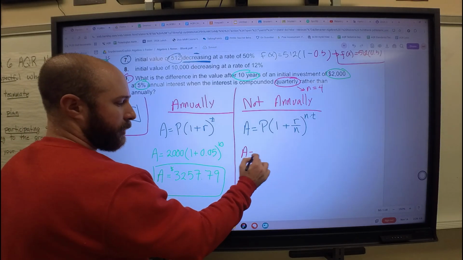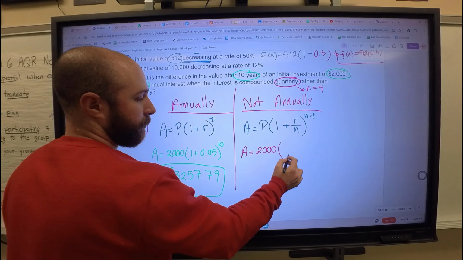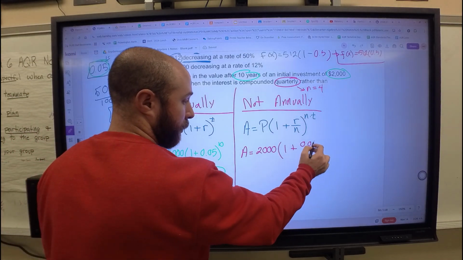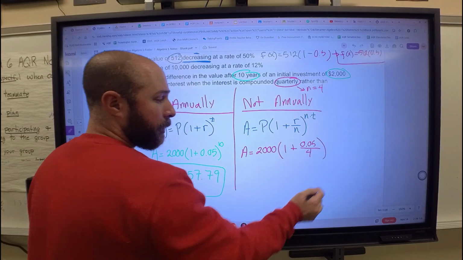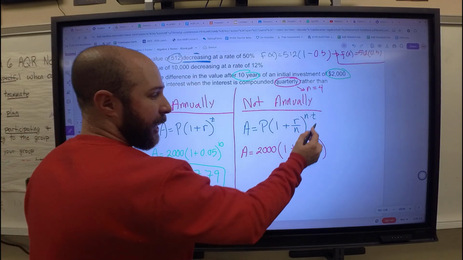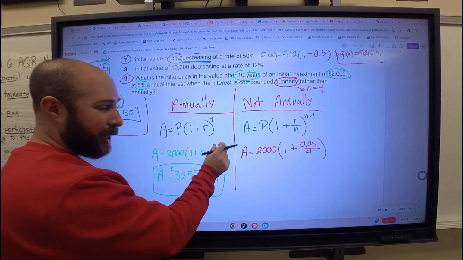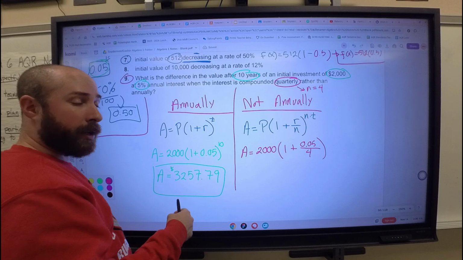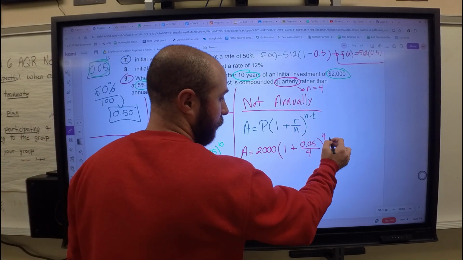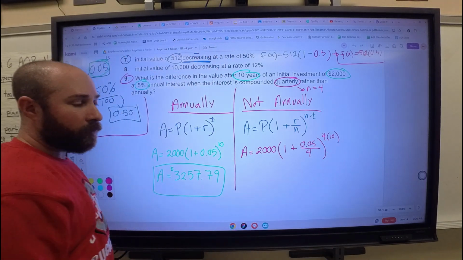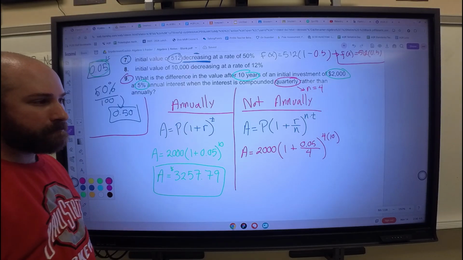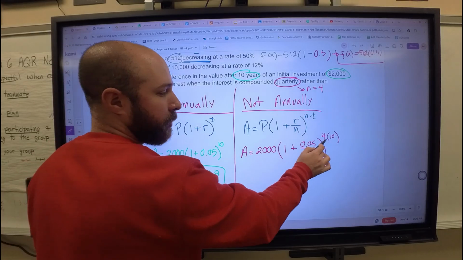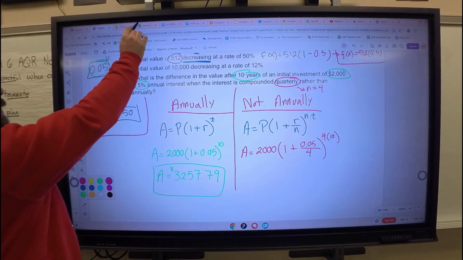So we have A equals the same 2,000 times 1 plus the same rate of 0.05, but now we're dividing that rate by 4. And our time, instead of it being 10 times that the interest is calculated, it's going to be 4 times per year. So 4 times 10 for the total length of time. Okay? And I'm going to type this in now. The only thing I'm going to do different is I'm going to actually multiply that 4 and 10 to give me 40.